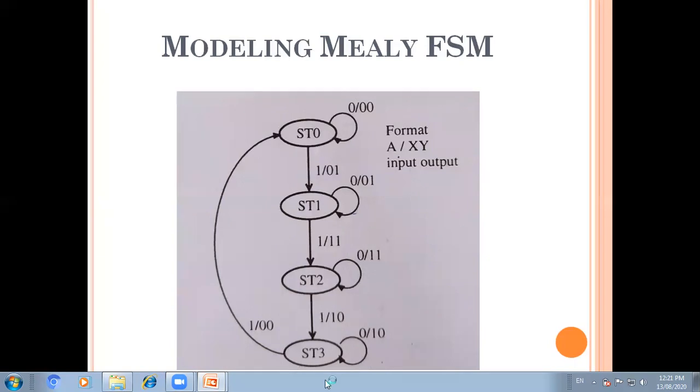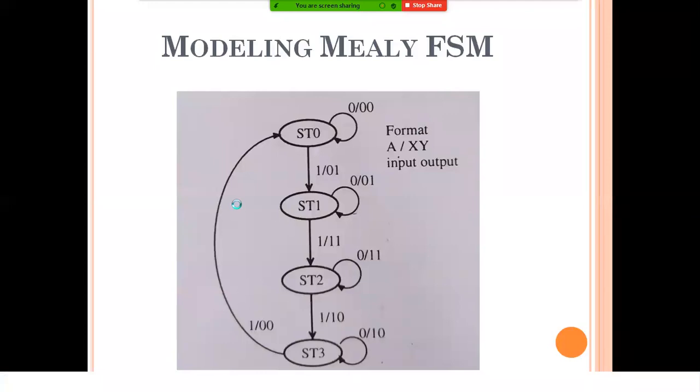With this example, we will understand how to implement this machine and write the VHDL code. We first start with the library and then write the entity.